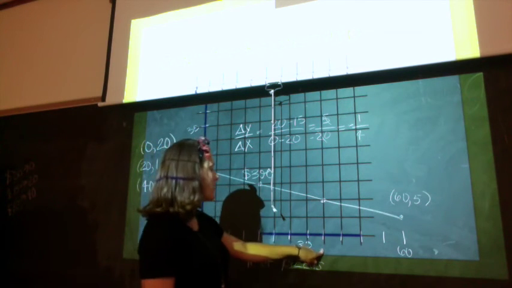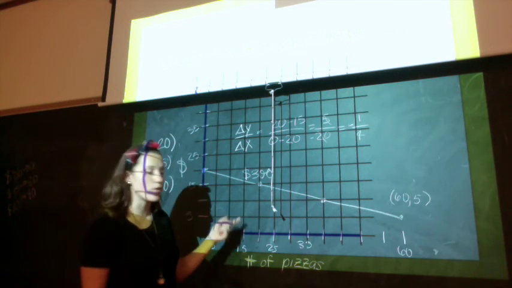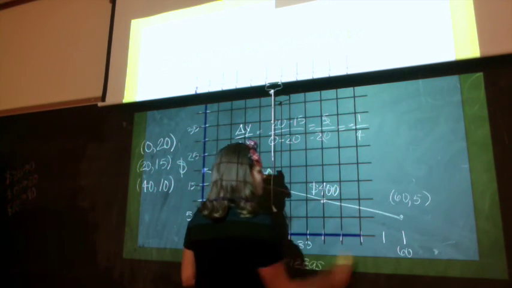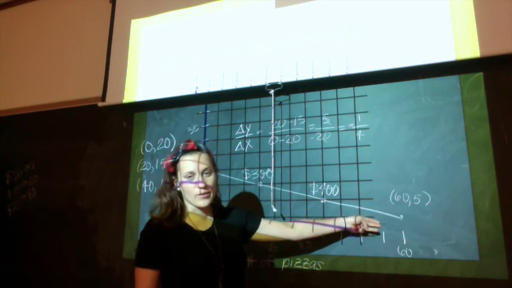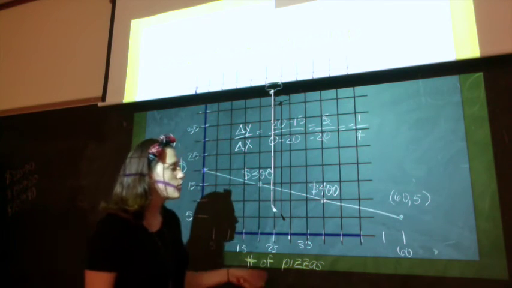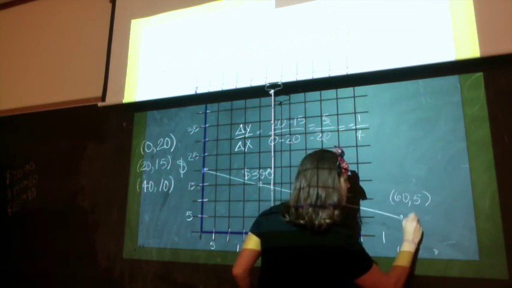However, over here, if you sell 40 pizzas at $10, you're making $400. That's 10 times 40. And on this coordinate that we found ourselves, we have 65. If we multiply 60 times 5, then we're making $300.